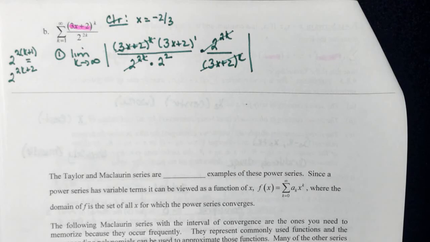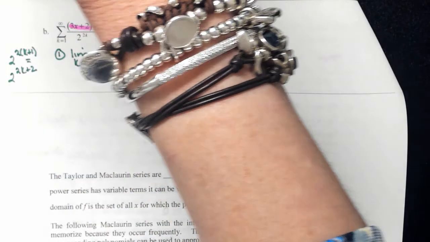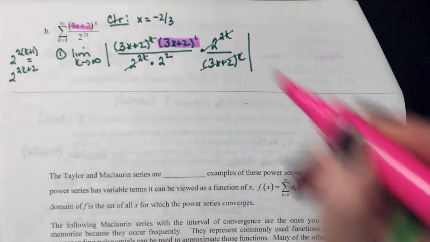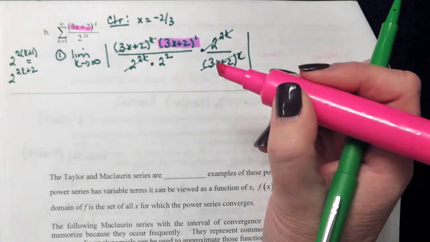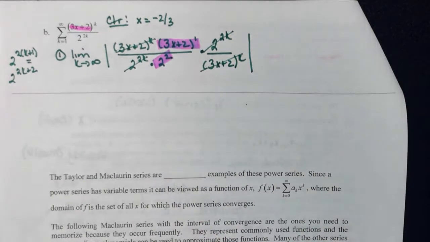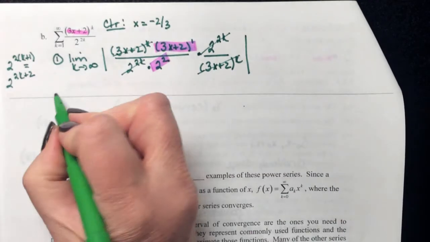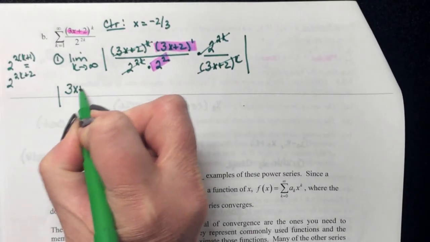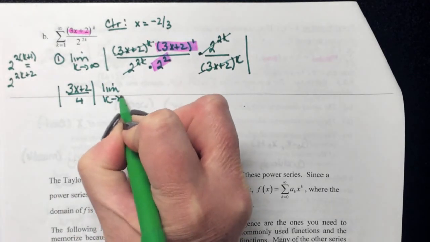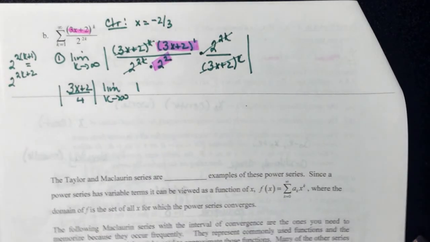You want to factor out the absolute value of the expression that comes with an x, as well as your constants. Notice here's my expression, the 3x plus 2. I also have a constant in the denominator. What constant can I pull out? I can pull out that 4. So I have the absolute value of 3x plus 2 over 4 times the limit as k goes to infinity, and the only thing I'm left with is a 1.